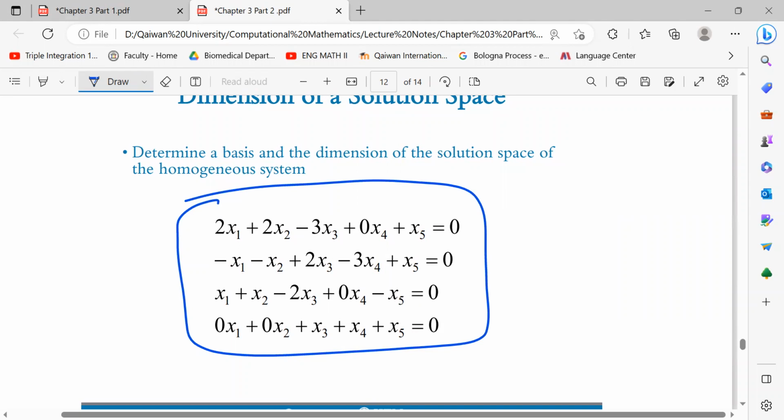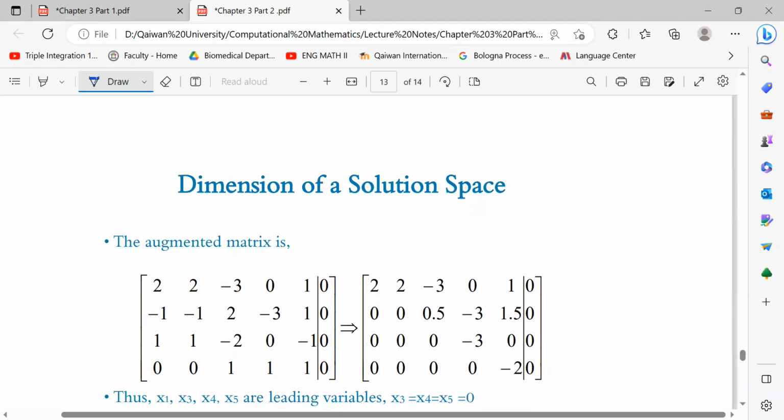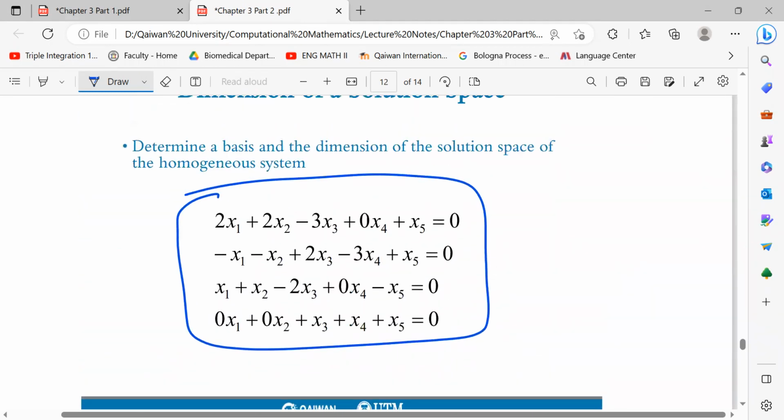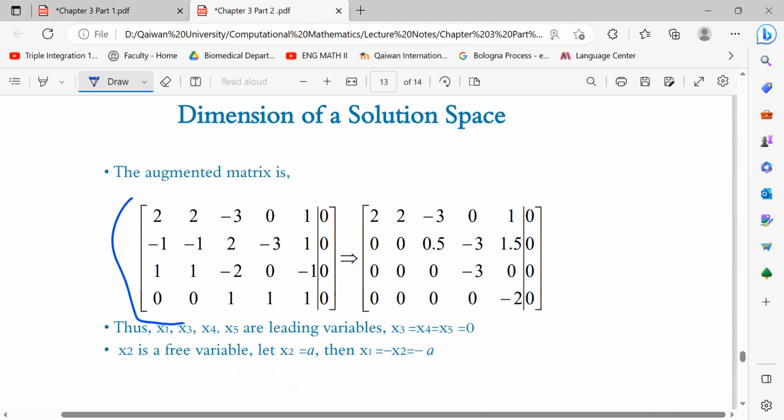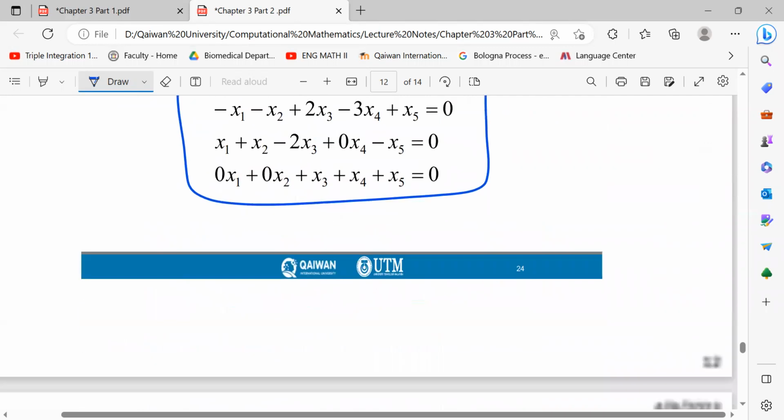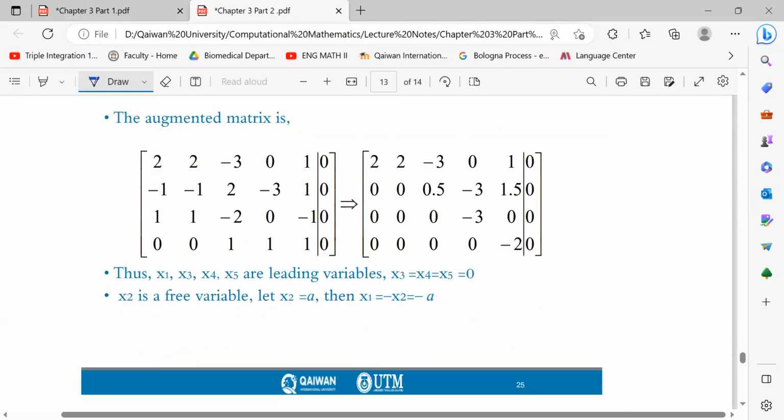For finding the basis for this system, we first write down the augmented matrix for the system. The augmented matrix is this: 2, 2, negative 3, 0, 0. That's the first row, then the second, third, fourth. We have 4 rows. Then we apply reduced row echelon form on this matrix.